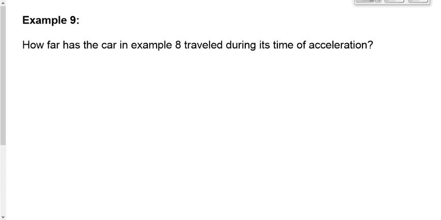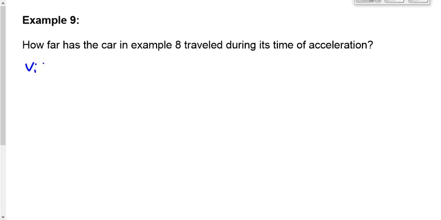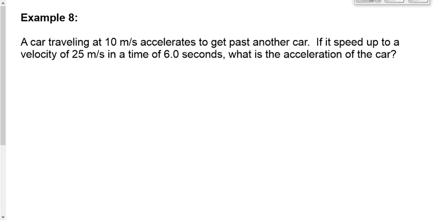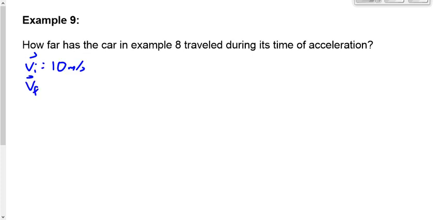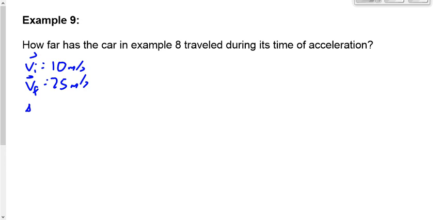In number 8, we had a VI of 10 meters per second. It speeds up to a velocity of 25, so we said VF was 25 meters per second. My time interval in number 8 was 6.0 seconds. We were looking for the acceleration.